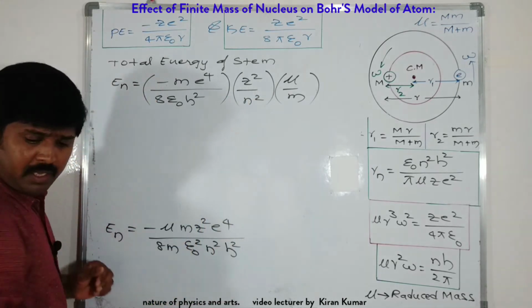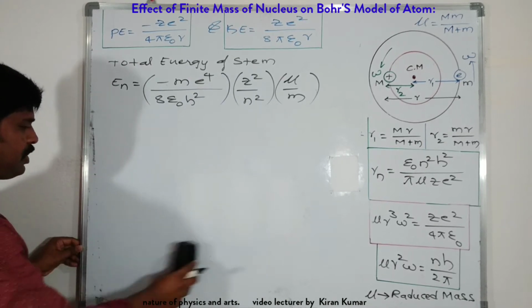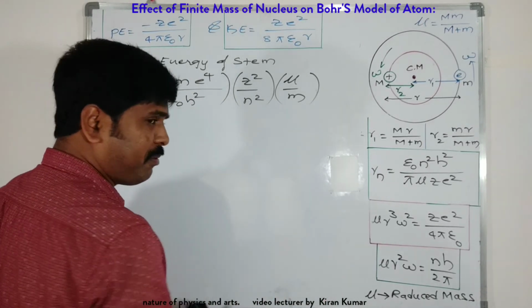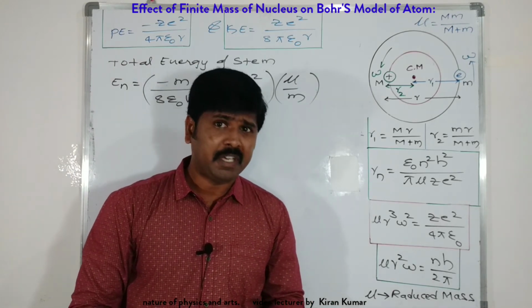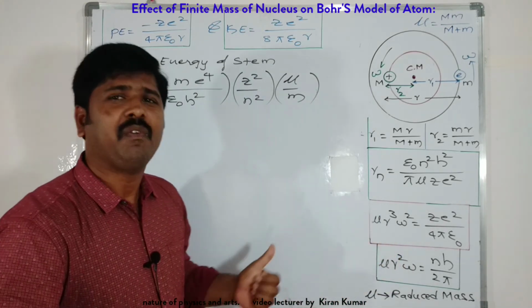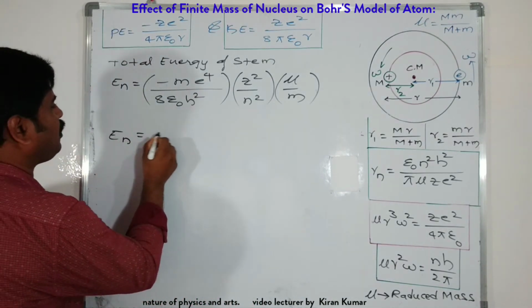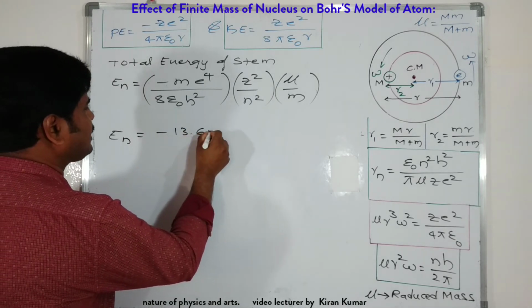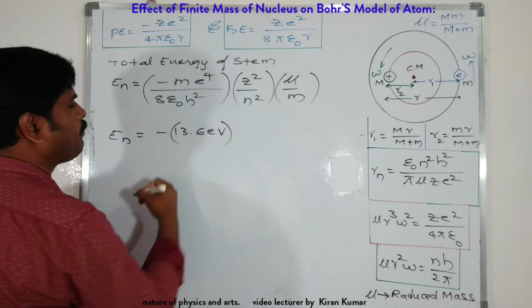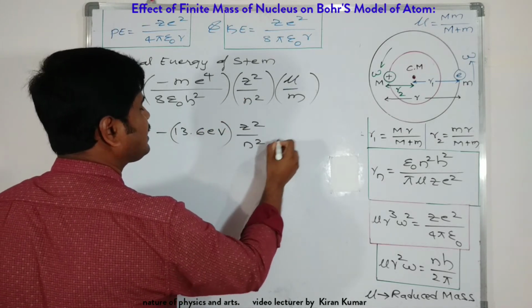So this equation is based on the energy of the Bohr model of atom. We already did the Bohr model of atom, but there it was the infinite mass of the nucleus, and this is the finite mass of the nucleus. So En is equal to minus, this value is 13.6 electron volt into Z square divided by n square.